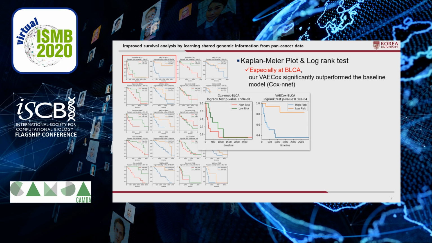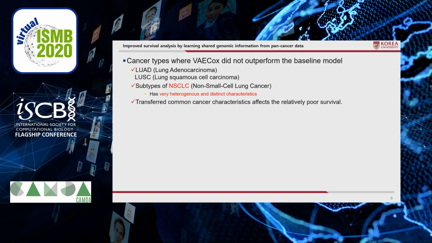Especially at BLCA, bladder cancer, our model did not outperform baseline models in terms of concordance index, but in terms of the Kaplan-Meier plot and logrank test, our VAE-Cox model significantly outperformed the baseline model. The remaining 2 cancer types where our VAE-Cox did not outperform the baseline models are LUAD, lung adenocarcinoma, and LUSC, lung squamous cell carcinoma.